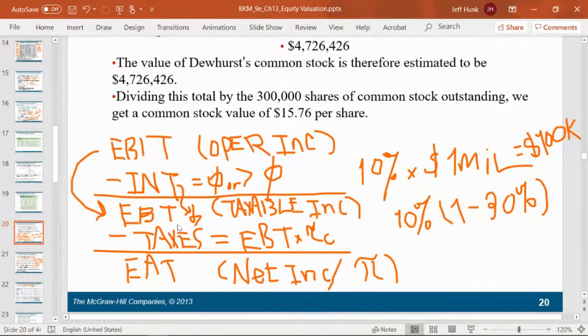Because the EBT taxable income is lowered by as much as the interest payment.